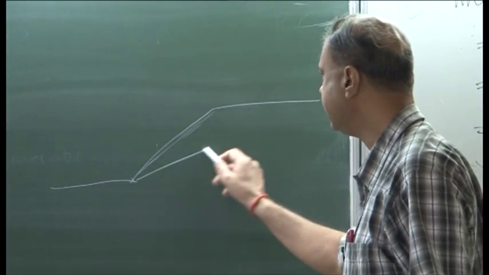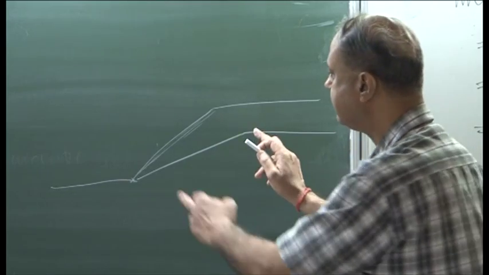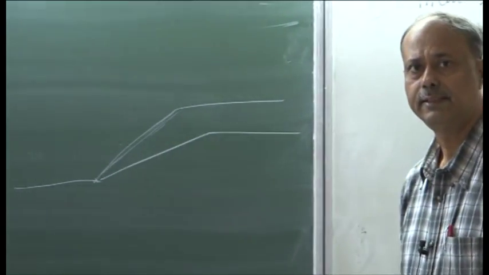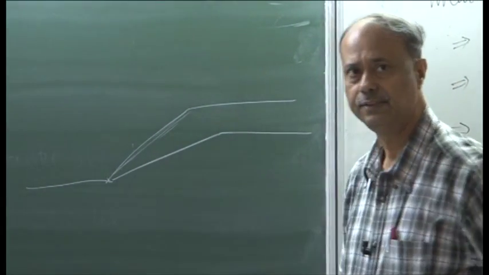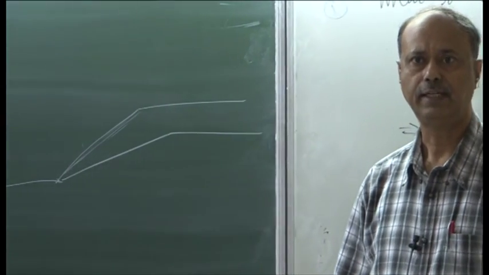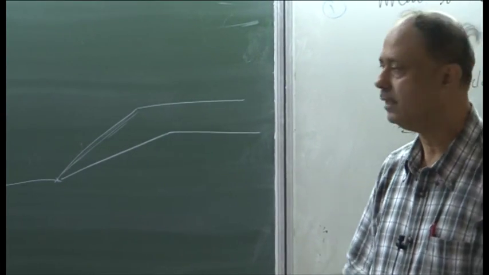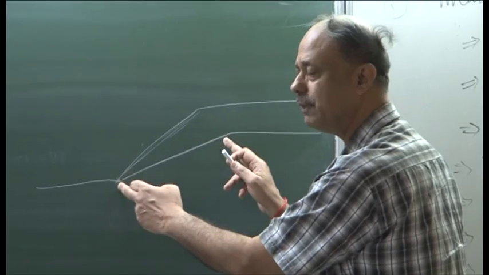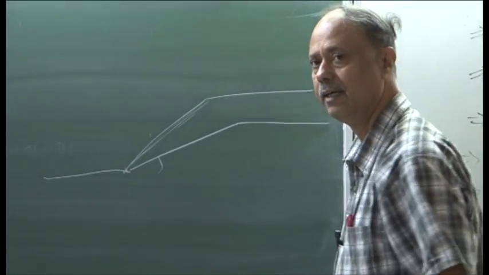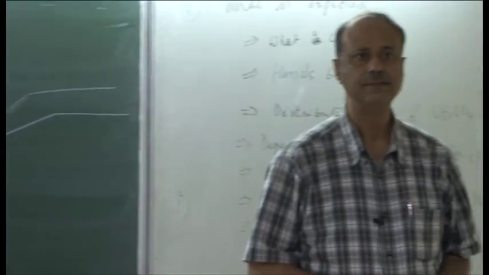Suppose the slope is like this, that means thickness of the edge will be this much, right, and thickness of this edge will be this much, which means slope of this edge will be creating that information.